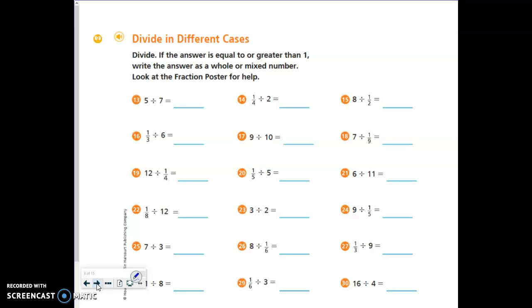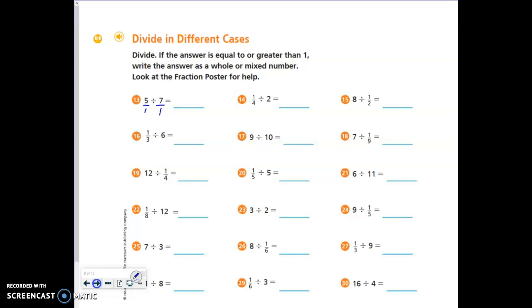All right? So if we are dividing 5 by 7, 5 divided by 7 for number 13, okay? Remember that we want that back number to be represented as a fraction. We can still represent the front number, but we're just not going to flip it. We're not going to reciprocate that one.